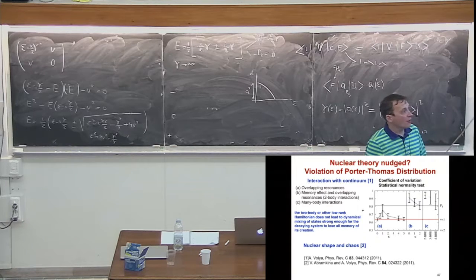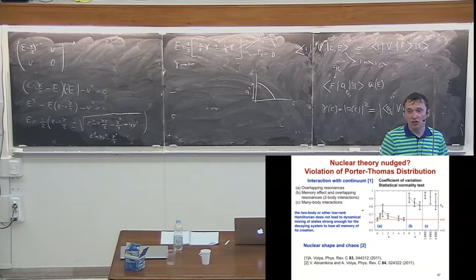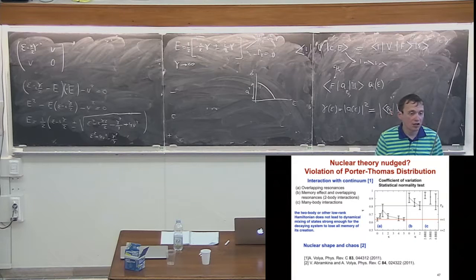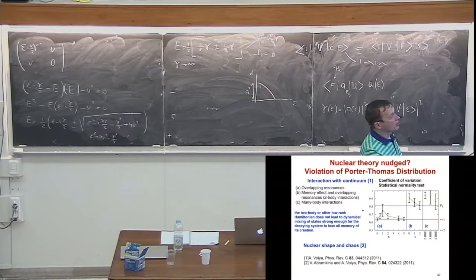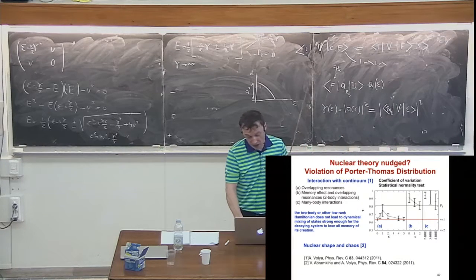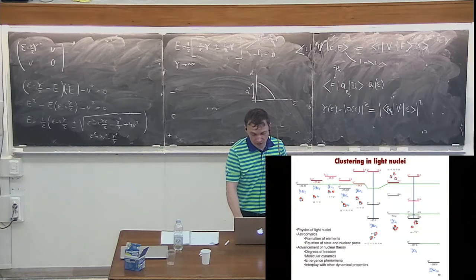This happens in particular if your interaction involves only a few bodies. For example, a two-body interaction where you allow only two-body scatterings may not be strong enough to mix everything and forget what was in the past. So this is one of the reasons this can happen, and I can point you to these papers if you want to study and do your homework, because that will give you an idea about this.